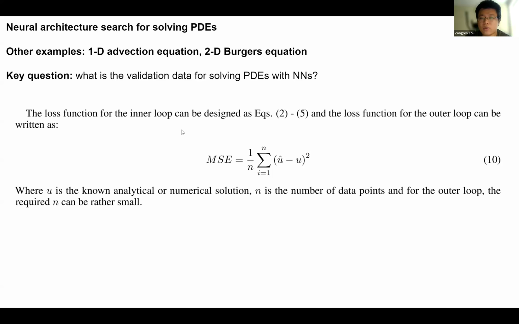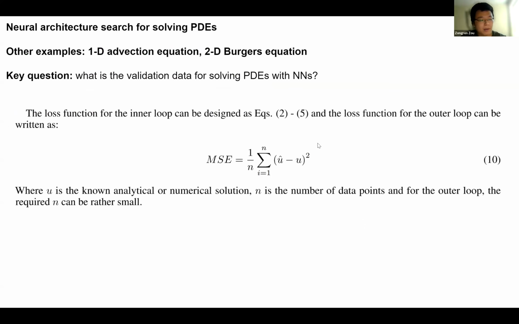How do we do the validation? How do we do the outer loop? How do we evaluate the specific architecture where we don't have access to the solution of the PDEs? I don't see any papers resolving these kinds of issues on neural architecture search with PINNs. So I figure it's still an open question.